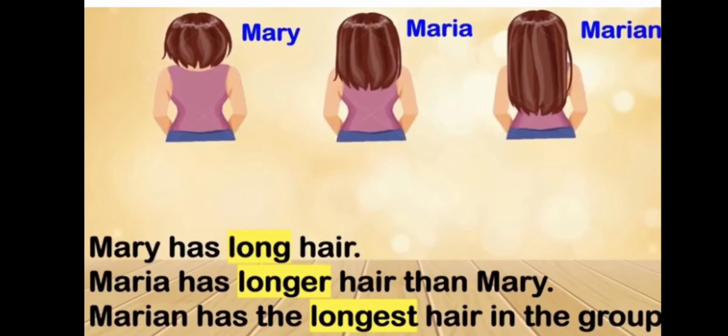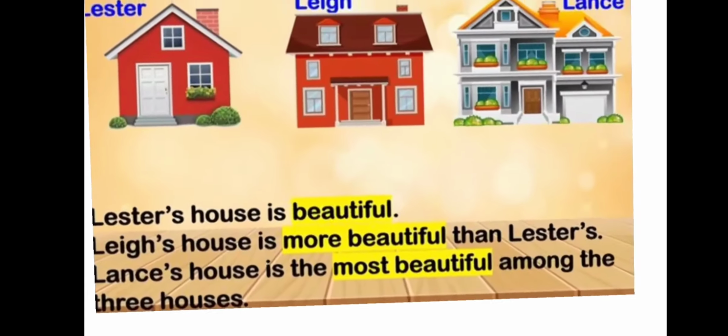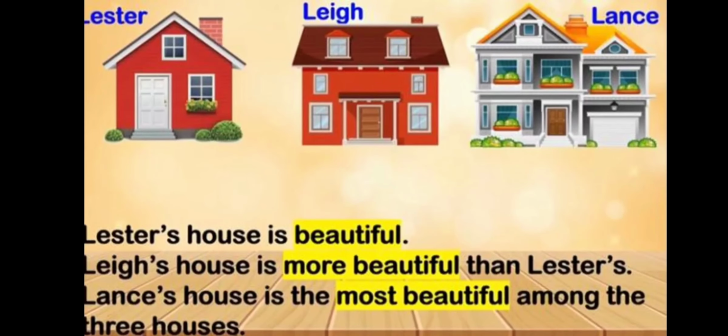The last example we have, Lester's house is beautiful. So we are not comparing Lester's house to others. It will be positive degree. Next, Lay's house is more beautiful than Lester's. So we are comparing Lay's house to Lester's. So we will add more. With beautiful, we always use more in comparative degree.